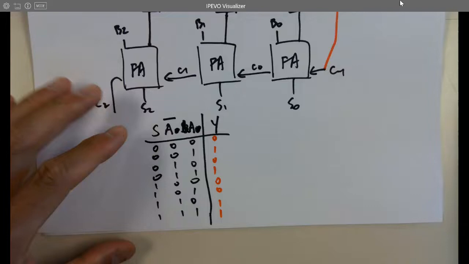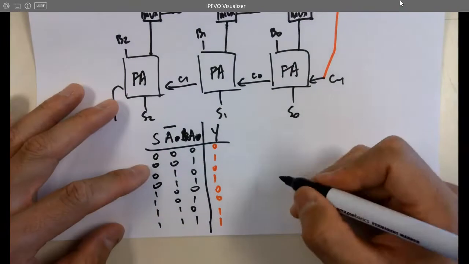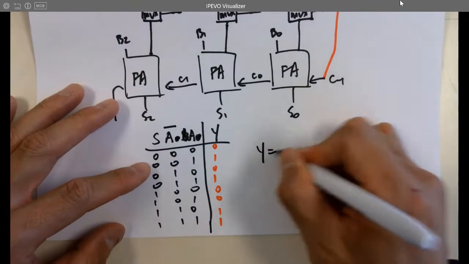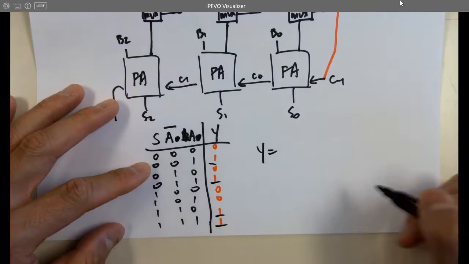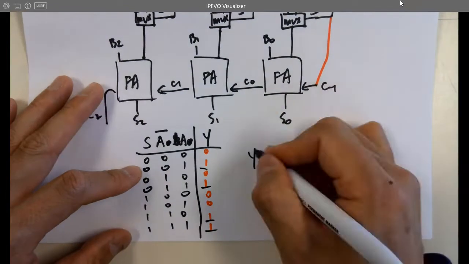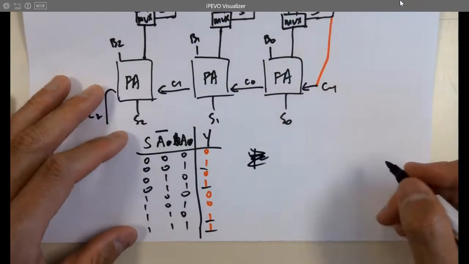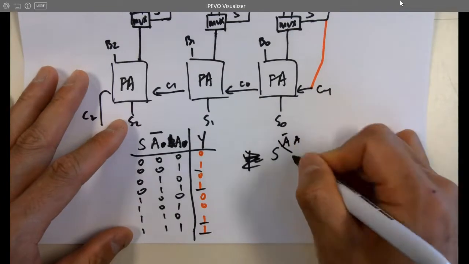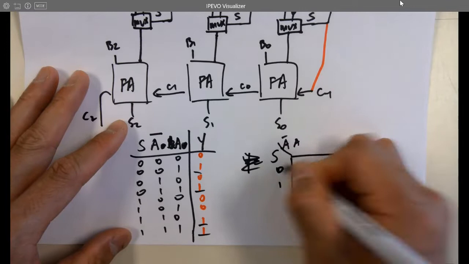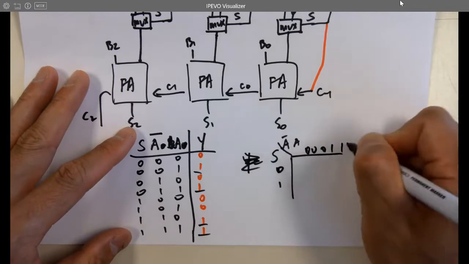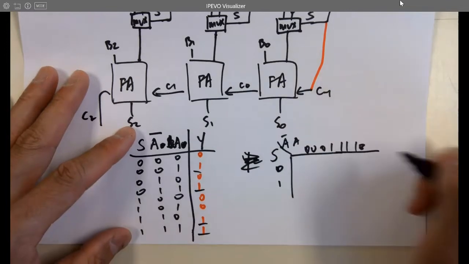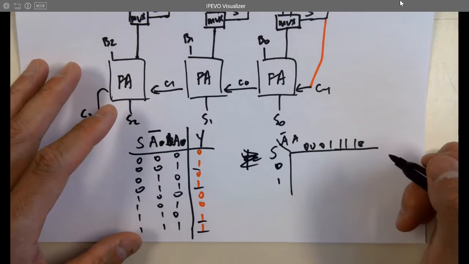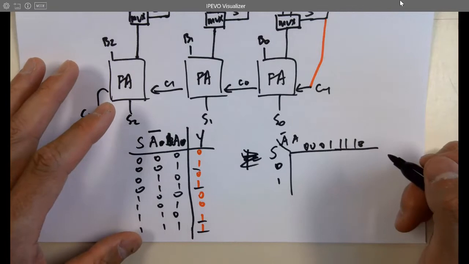Then what's the logic here? Just look at the ones, right? Or what's the next step? I forgot the name.